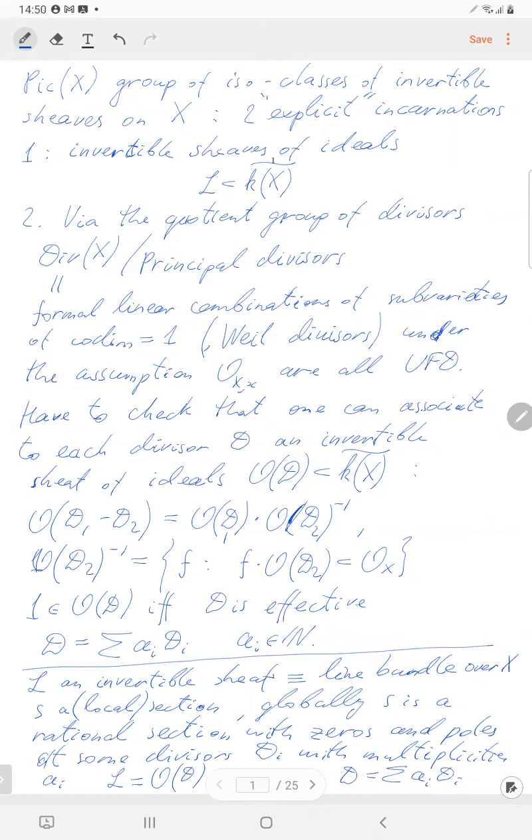Okay, so this correspondence measures the zeros and poles of rational sections. And if I change my section to S prime, what happens? We have S prime over S is a rational function.